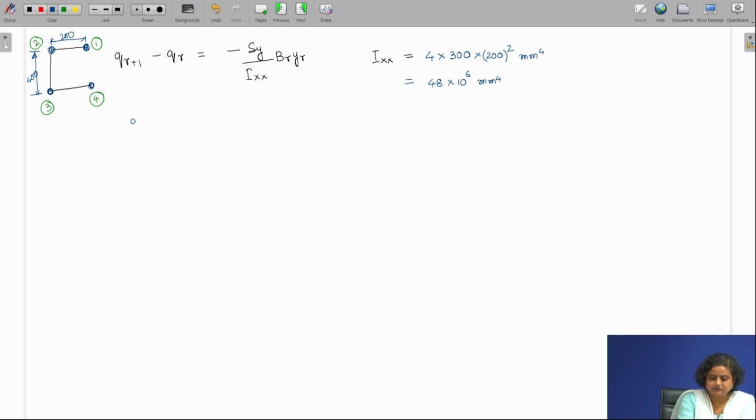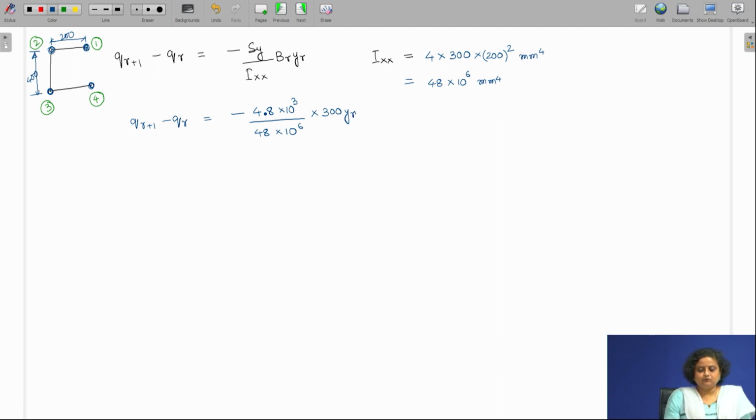Therefore, in this expression Qr plus 1 minus Qr, this can be written as minus 4.8 into 10 to the power 3 by 48 into 10 to the power 6. Br is always 300. So, 300 into Yr. So, this is the expression that we have.